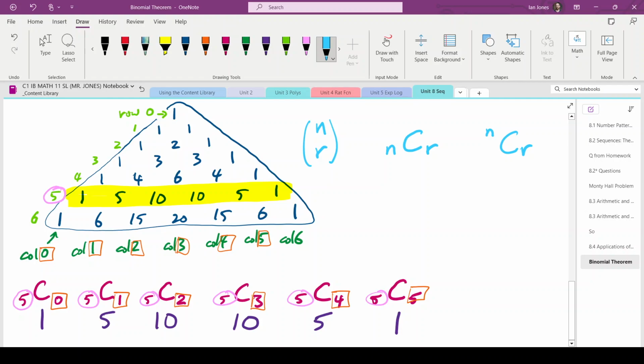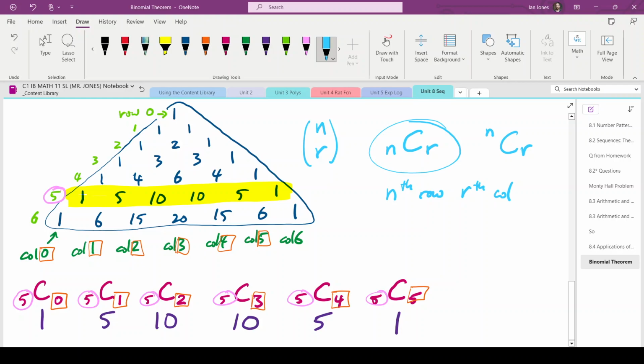So suppose you have n and you want to choose r among them. All you have to do is go to the nth row, rth column of Pascal's triangle, and you have the answer to this. That can be very handy.